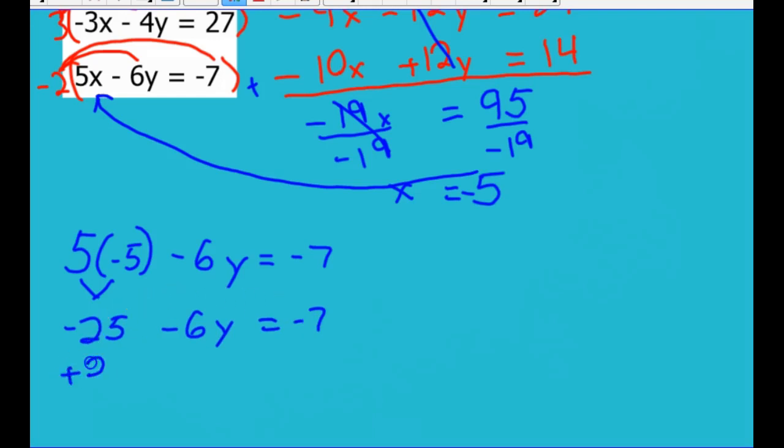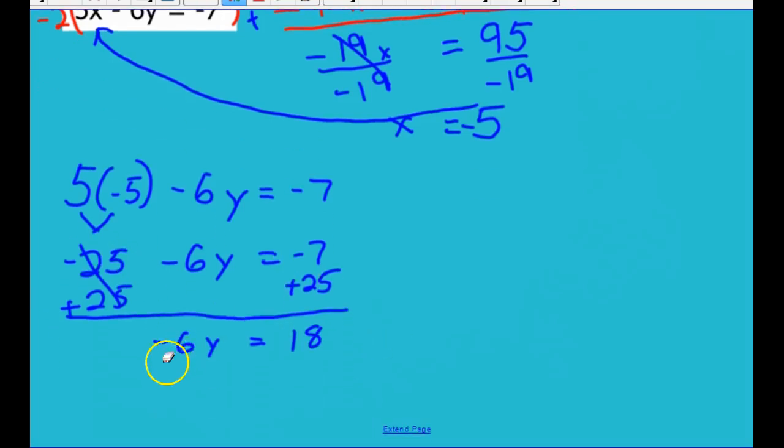Add 25 to both sides. And we get -6y equals -7 plus 25, which is 18. Last step, divide by -6.